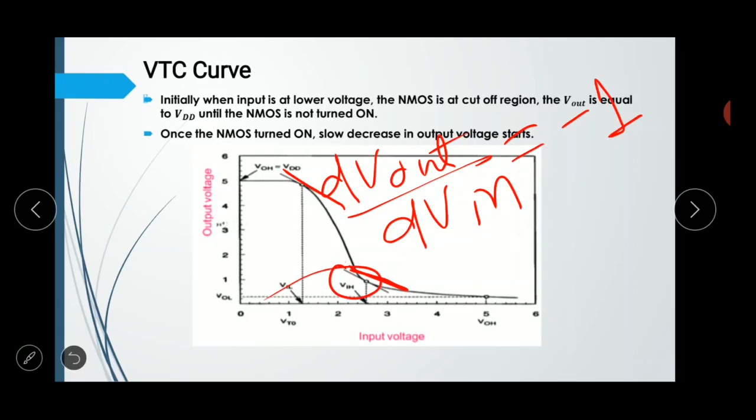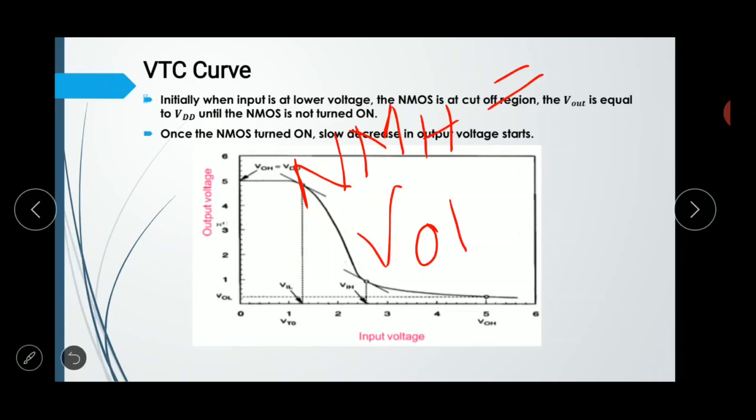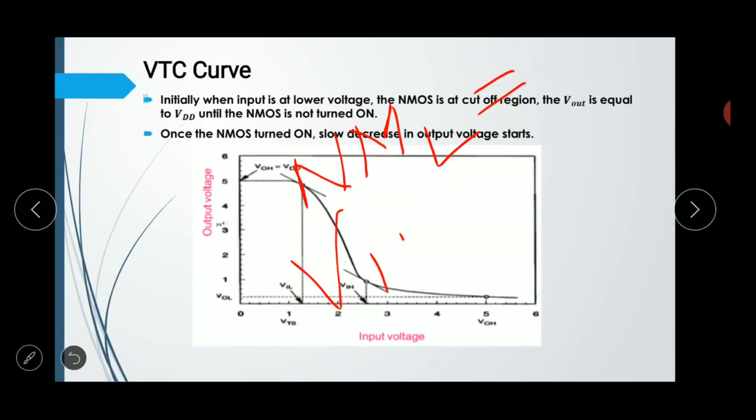These voltages are used to find the noise margin. For the logic high noise margin, denoted NMH, the equation is VOH minus VIH. And for the logic low noise margin, the equation is NML equals VIL minus VOL.